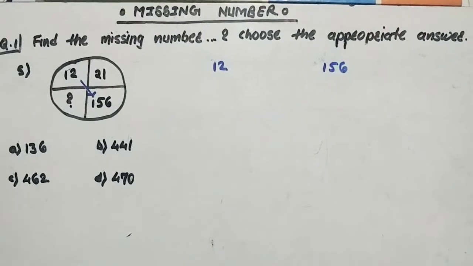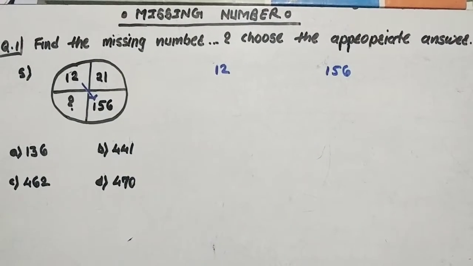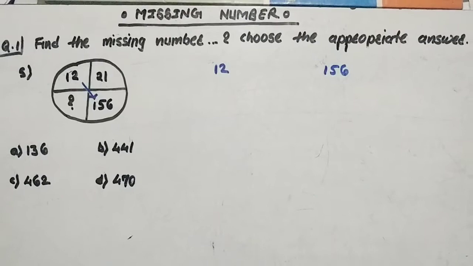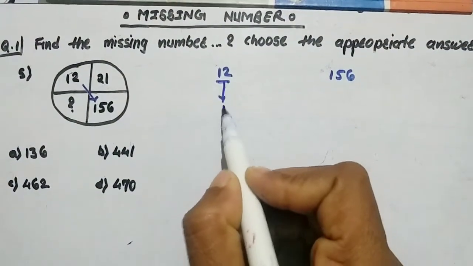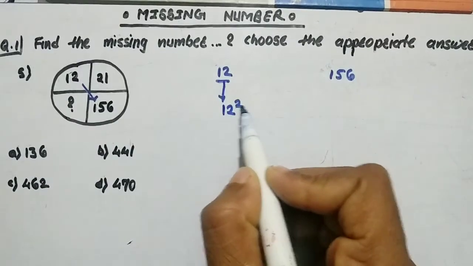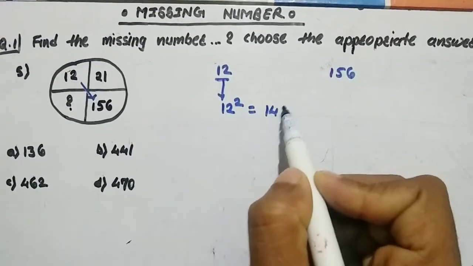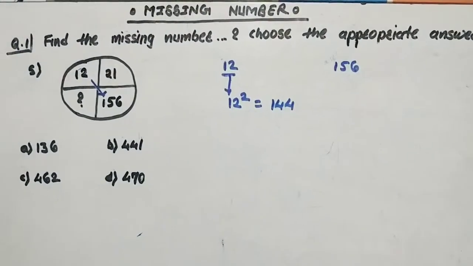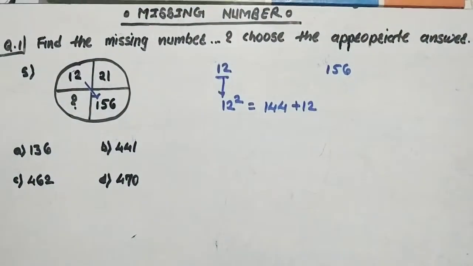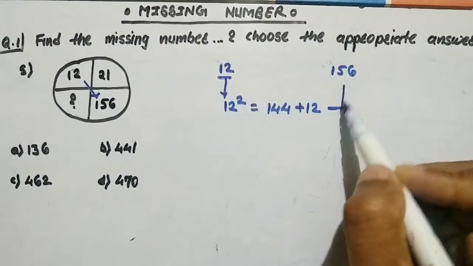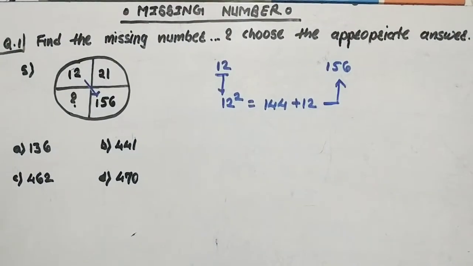So 156 कैसे आया होगा, how 156 is derived from 12. So यदि मैं 12 का स्क्वायर करूँ तो कितना आएगा, 144, right. So 12 का स्क्वायर 144. When we add 12, then we will get 156, right.